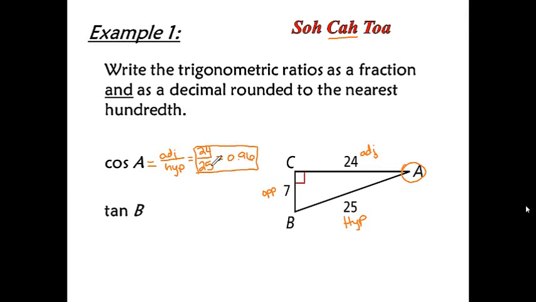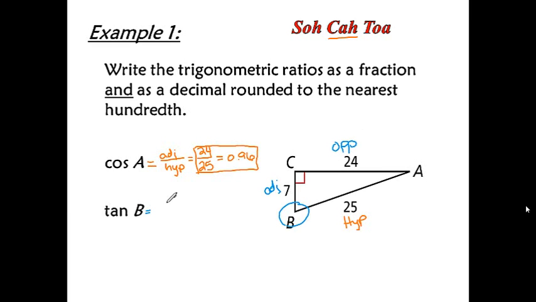Let's do the same for the tangent of angle B. Okay, for angle B, here is B. So my opposite is now side CA, and my adjacent is now side CB. Hypotenuse, of course, stays the same.